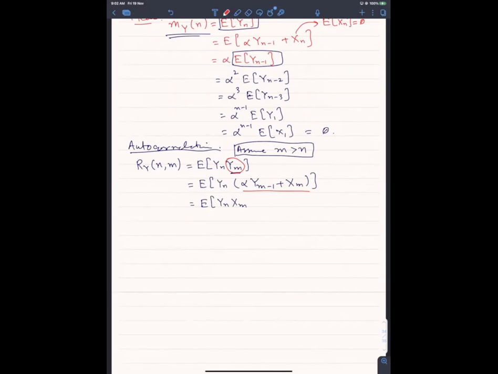So this would be plus alpha times the expected value of y_n y_(m-1). Okay?